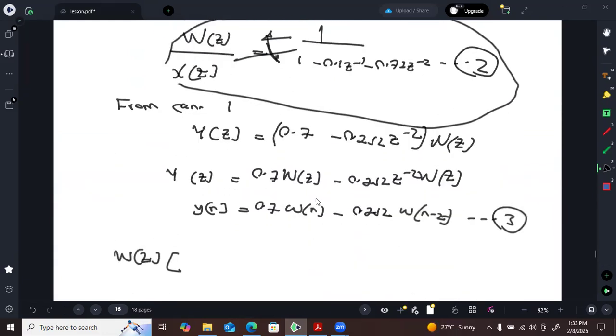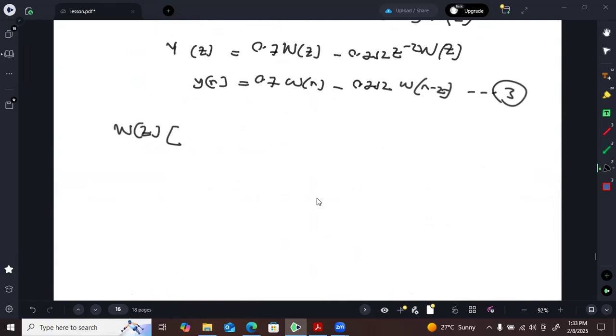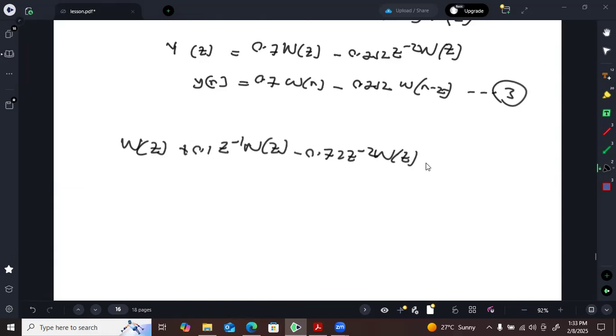Actually, I can write down everything in one step. So I can have wz into plus 0.1 z minus 1 wz minus 0.72 z minus 2 wz equal to x of z.